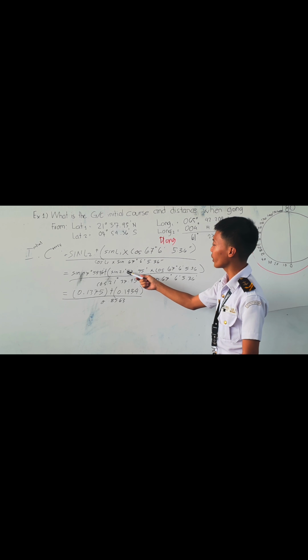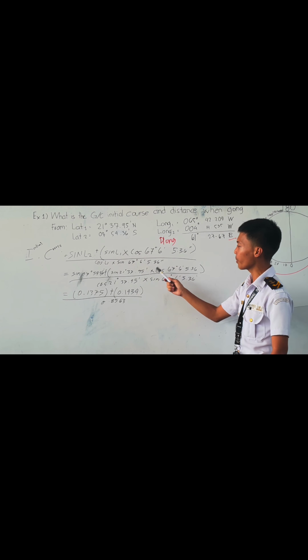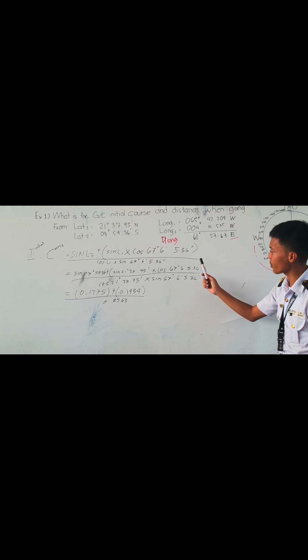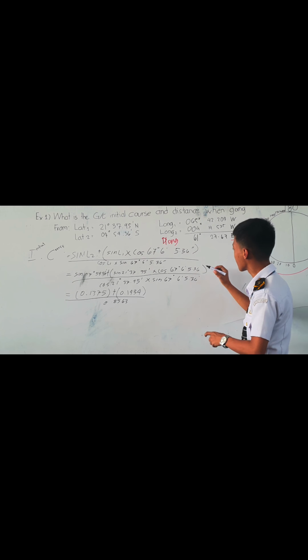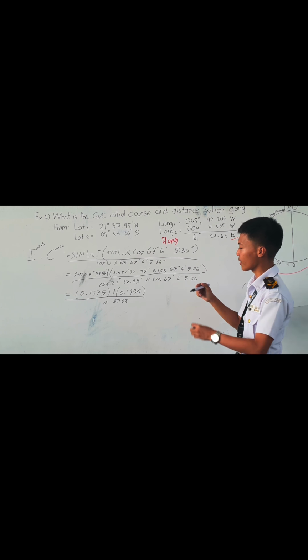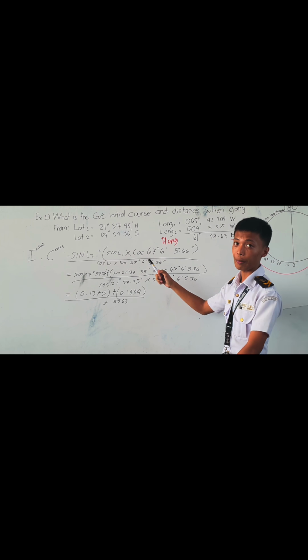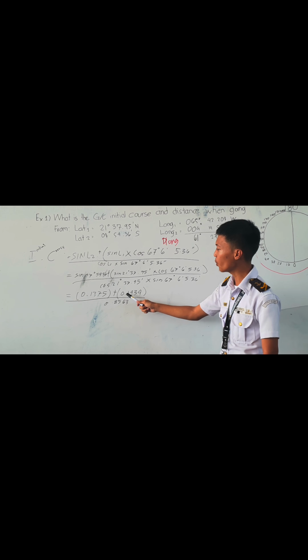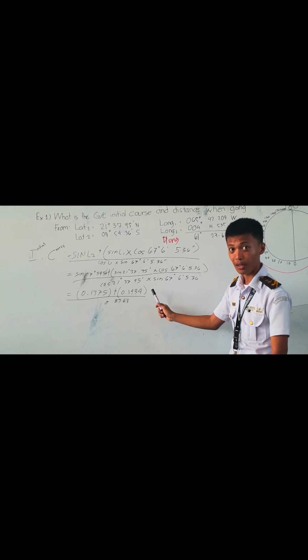And this, sin 21 degrees 37.95 minutes times cos 67 degrees 6 minutes 5.36 seconds. This is the distance. So you need to multiply this to get the answer 0.1434.